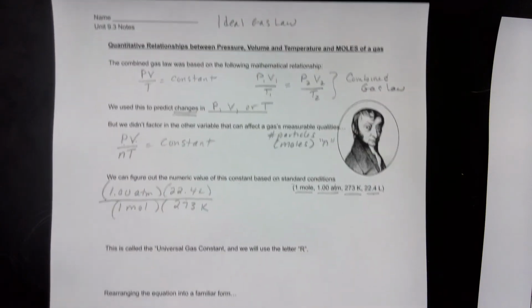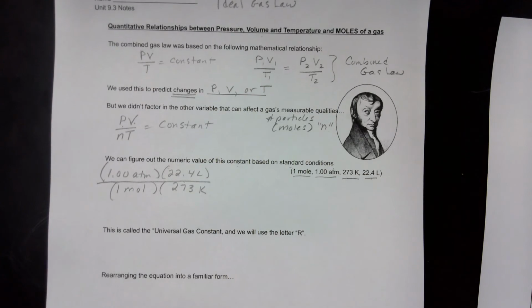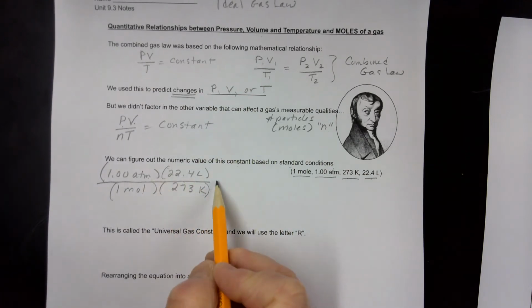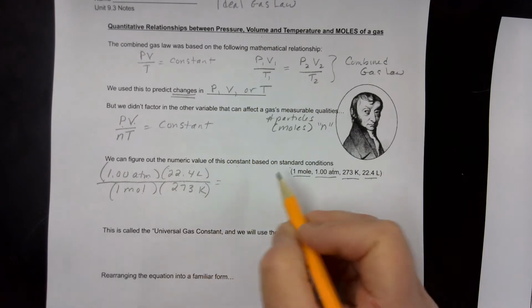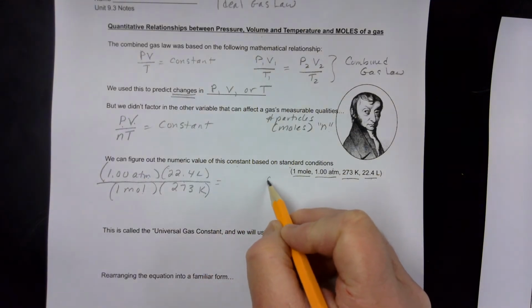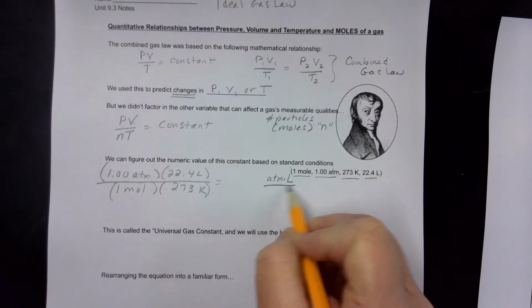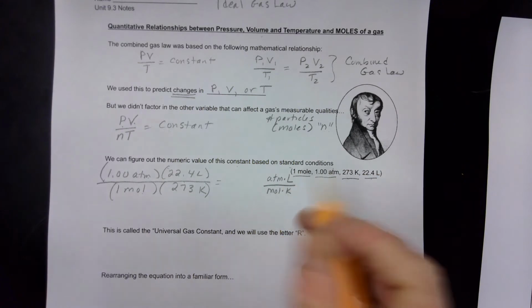Now what's interesting here is that none of these units are going to cancel. So we are going to have a very odd unit. It is going to be atmospheres times liters divided by moles times Kelvin.